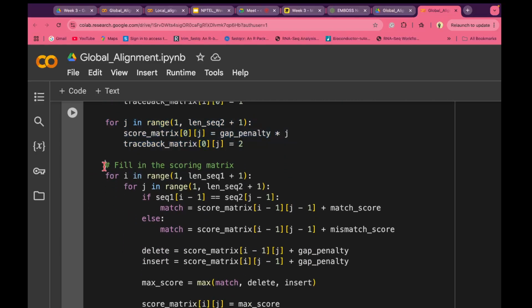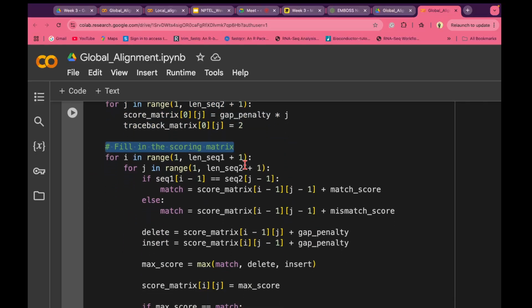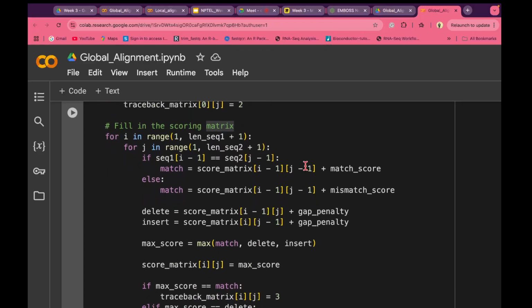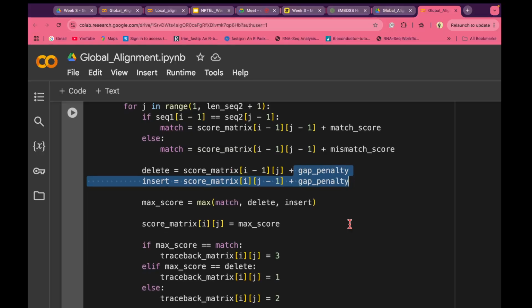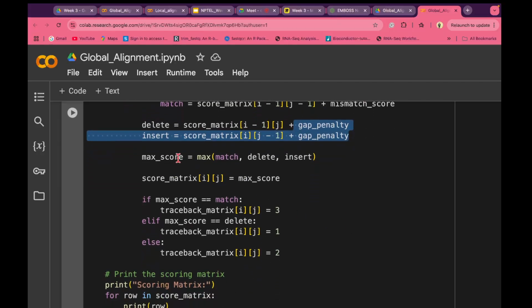Then I started filling the scoring matrices. This filling is based on the maximum value obtained from match or mismatch, or from the gap penalty from vertical or horizontal cells. So when I get three scores, that is a score from match or mismatch, a gap penalty score from the horizontal cell and a gap penalty from the vertical cell, the maximum of the three values is considered the final score.